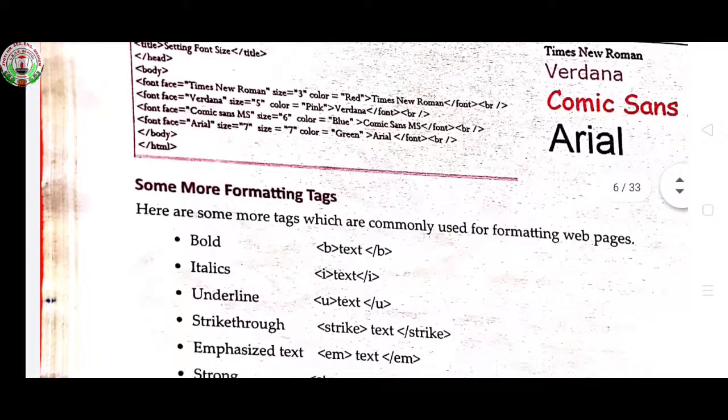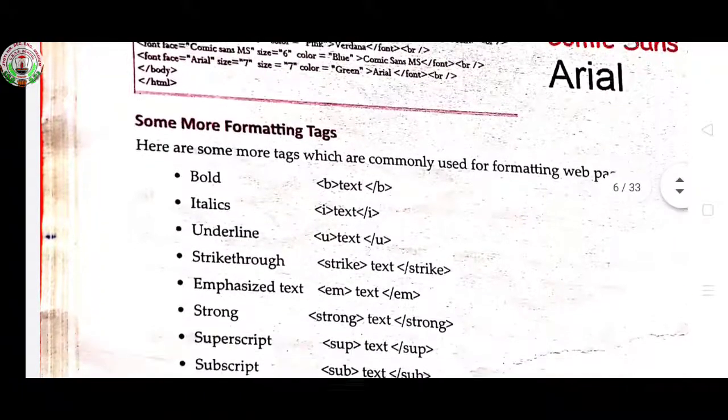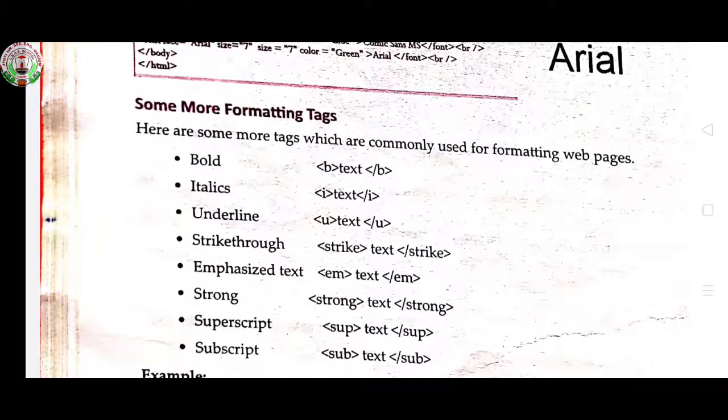Some more formatting tags are here: bold, italic, underline, strike through, emphasize text, strong, superscript, subscript. How can we use all these tags in our HTML?